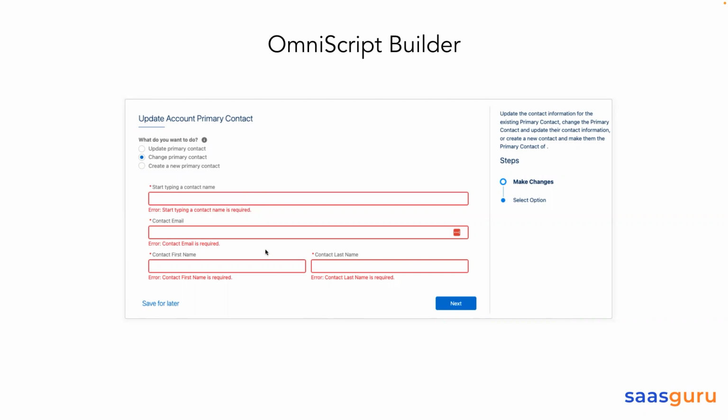We can select one and then choose to update your email or name if needed. We can also update the primary contact record by just changing their name, email, or create a new primary contact record.